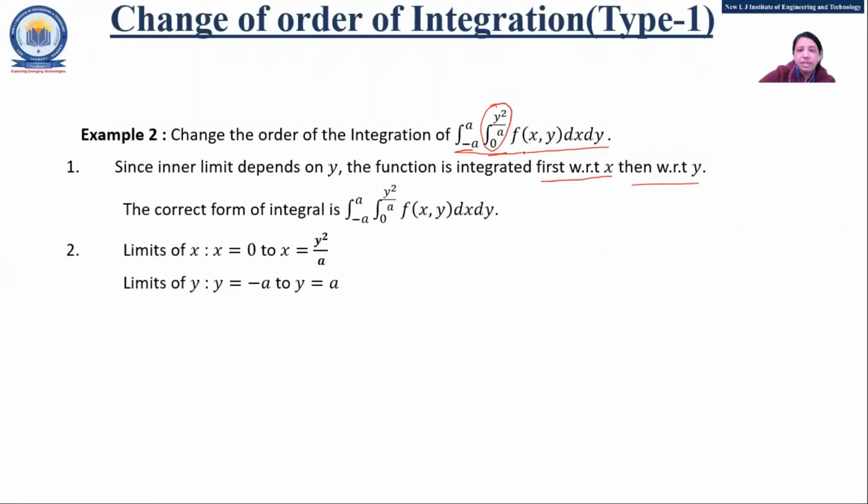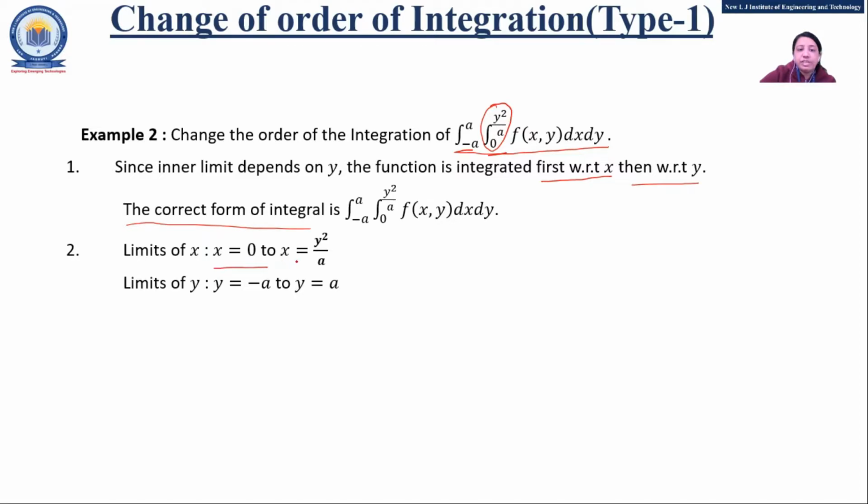Fine. Okay. Now we can say this is the correct one only, right? So no need to write this step also. Now the limits are: x depends upon y, so the limits are of x.